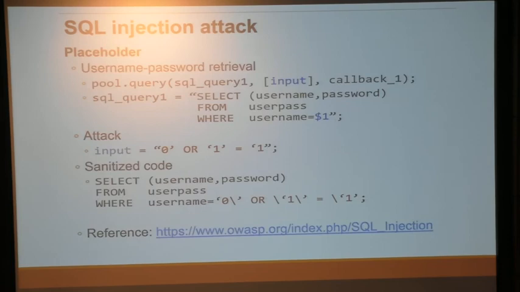The way we can actually make this secure in the context of Node.js with Express.js is that you can use what is called a placeholder. The placeholder is basically a $ with the index plus 1, actually. It will do whatever sanitization is needed based on the type of the username.